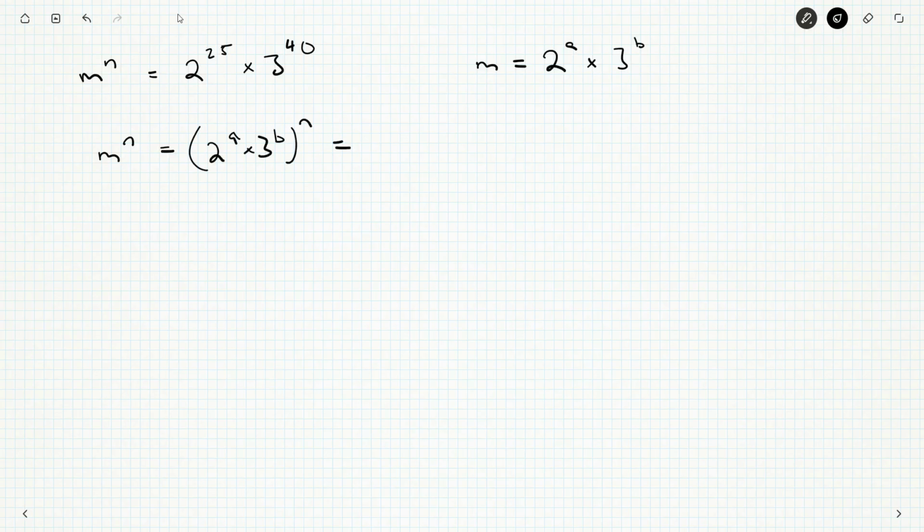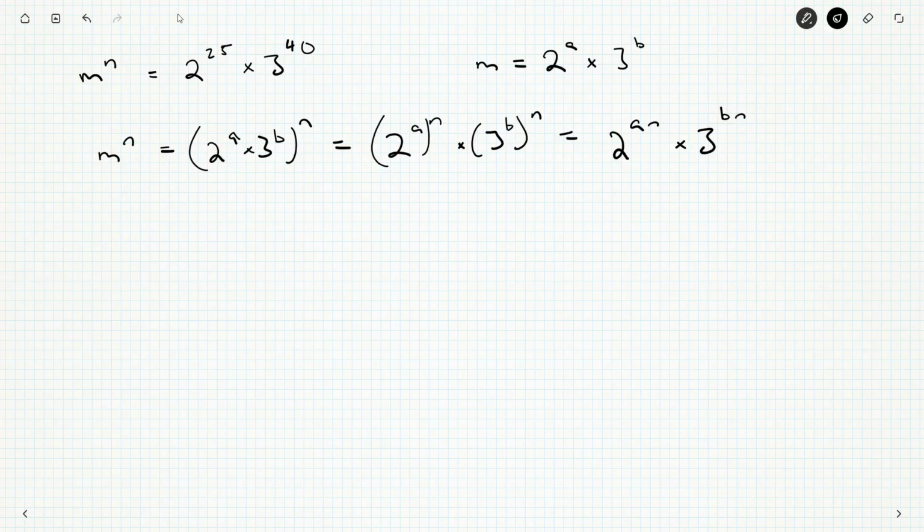When we have an exponent out here, it can distribute to both of these, using basic exponent laws. And when we bring the n inside, it gets multiplied. So this is 2 to the an times 3 to the bn.